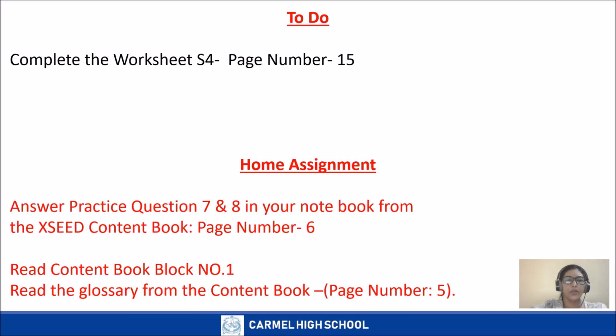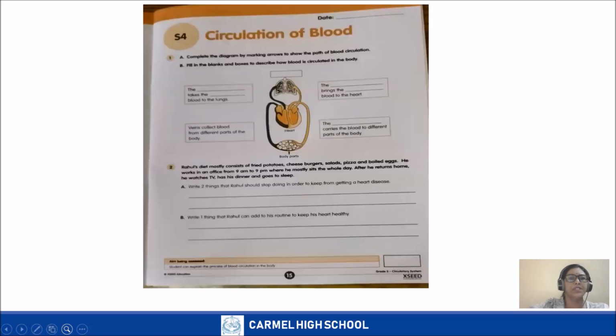I want you all to again read the full block. Now read the glossary from the content book, page number 5. So as you're reading the whole topic from block 1, you're also reading the glossary part. Okay, now we go to the worksheet.